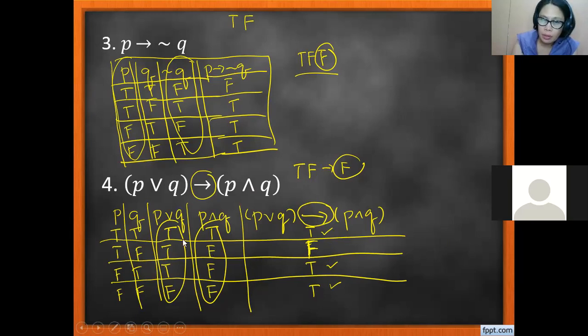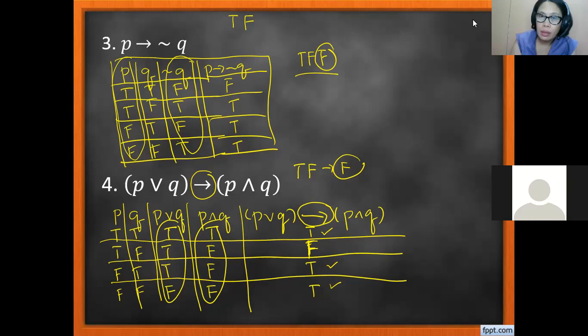Okay? Regardless of the value of the premise and the conclusion, we'll come up with the true statement. As long as the premise is true, the conclusion should not be false. And if so, this will be a false statement.